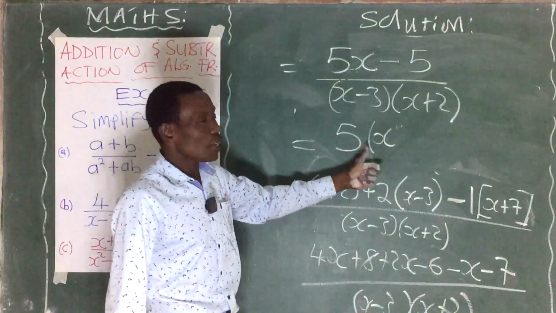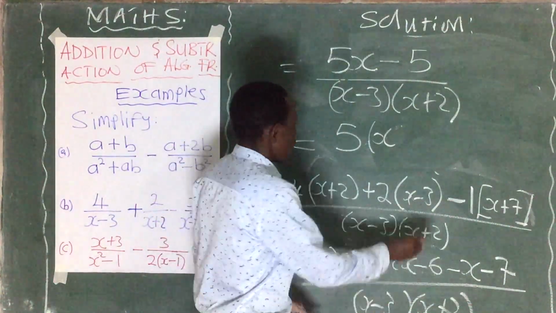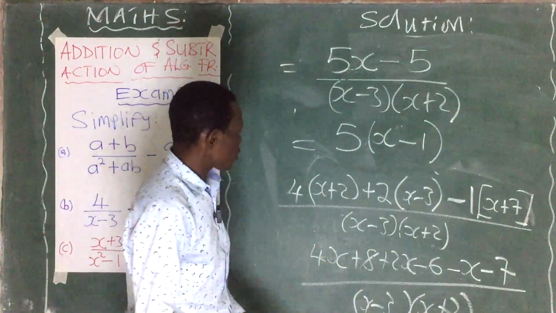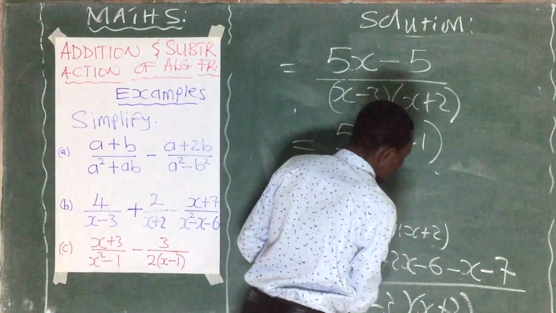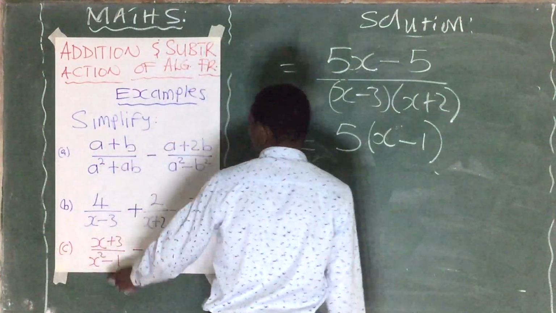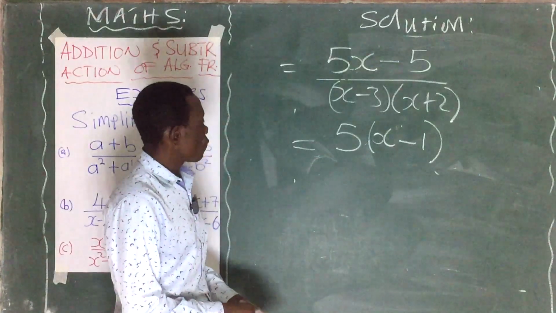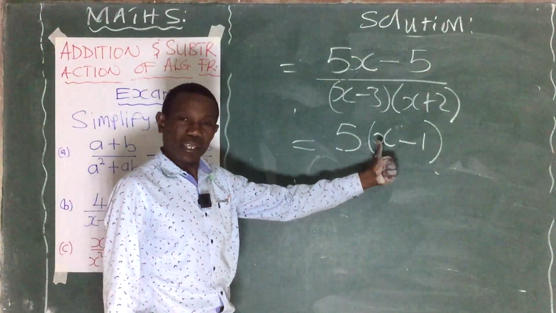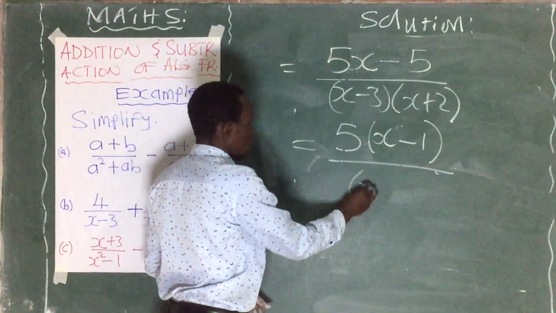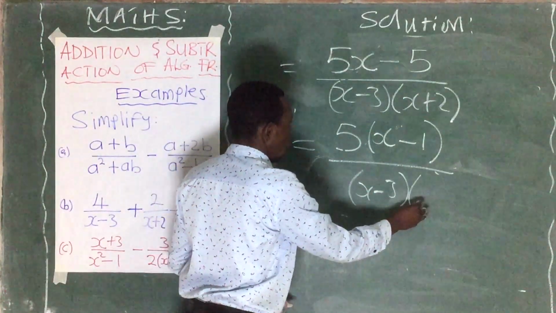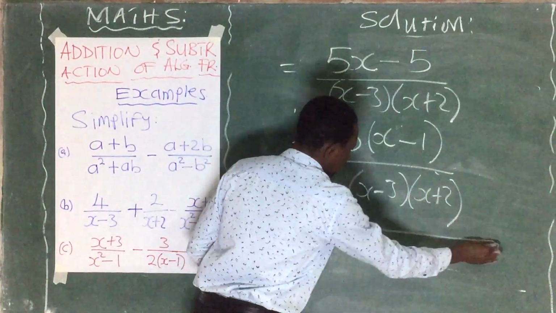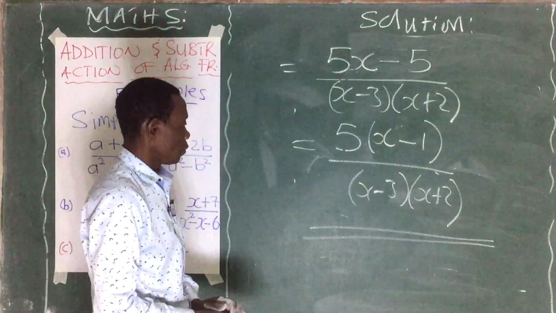And the same 5 getting into negative 5, the answer is negative 1. Right. So which means at the very end, our final solution to example B will be 5, open bracket, x minus 1, close bracket, over x minus 3, and the x plus 2. Right. So this is the answer.